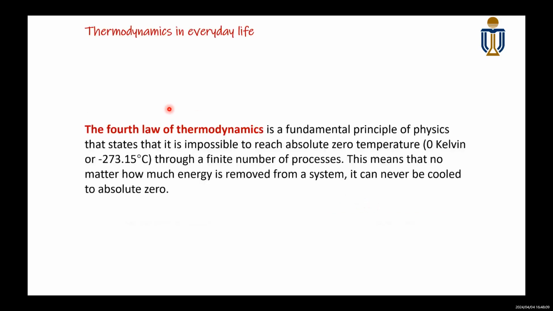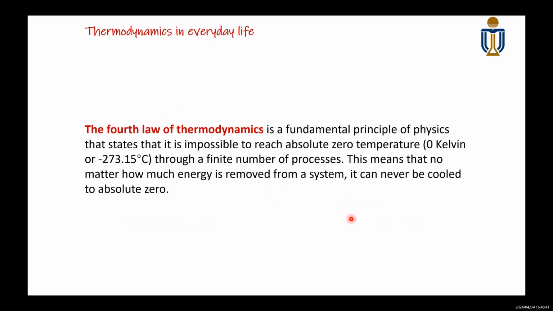Then the last one is the third law of thermodynamics. The third law of thermodynamics states that it is impossible to reach absolute zero temperature through a finite number of processes. This means that no matter how much energy is removed from the system, it can never be cooled to absolute zero. The reason for this is that as the system approaches absolute zero, its entropy also approaches zero.